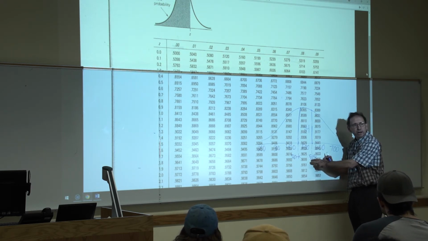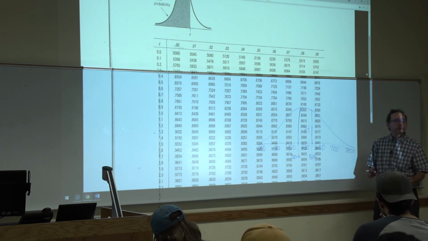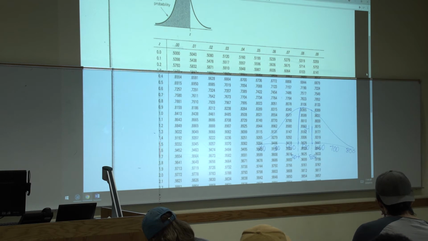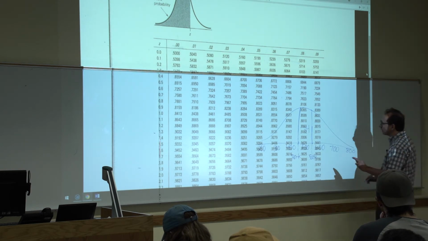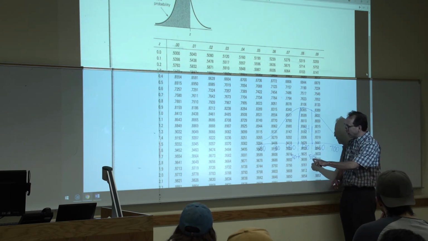Can you figure out what that area is? Well, first of all, what's the area to the left of the mean, 500? 0.5, right?